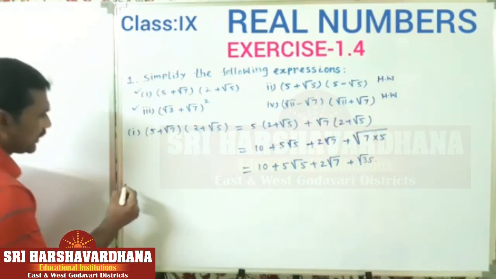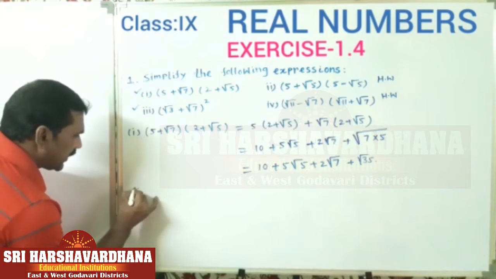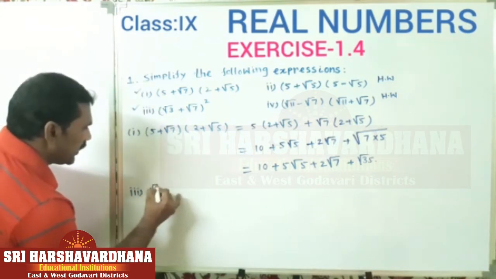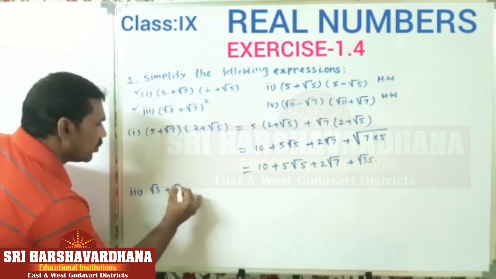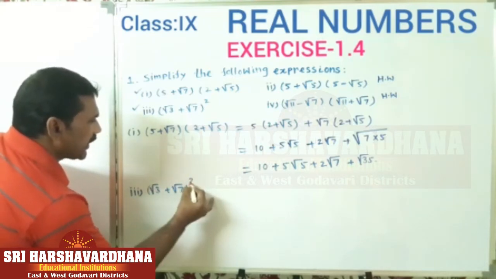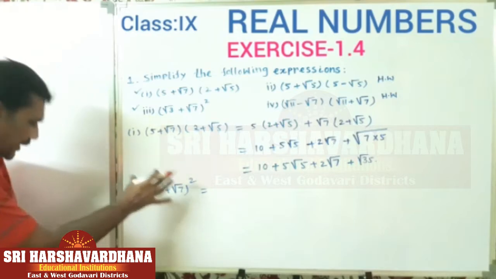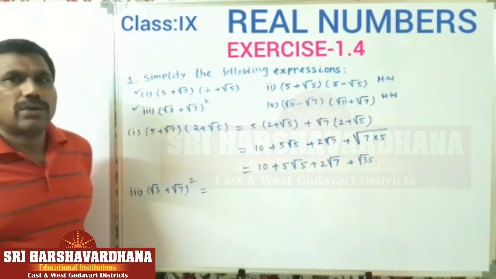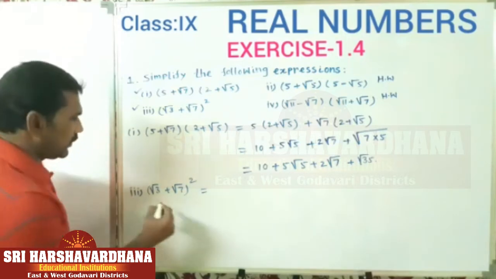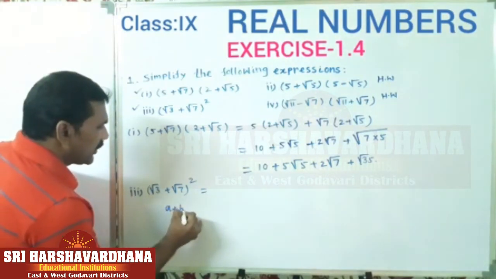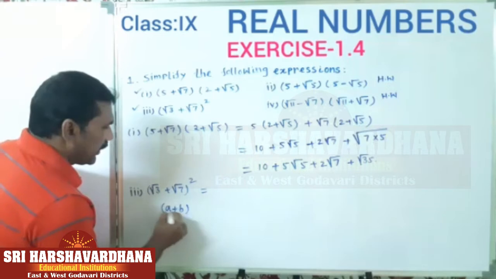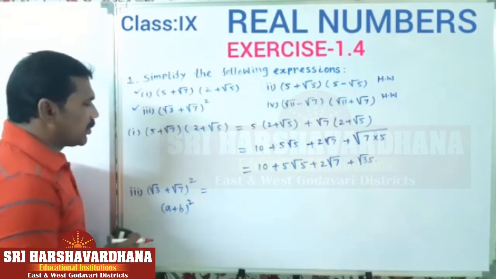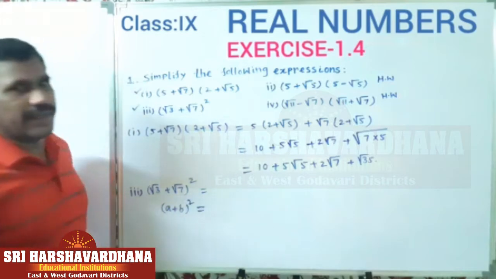Okay, right. Next I will explain the third problem. (Root 3 plus root 7) whole square. Children, once observe this, (root 3 plus root 7) whole square is in the form of (a plus b) whole square. Already you have learnt in previous classes about algebraic identities.